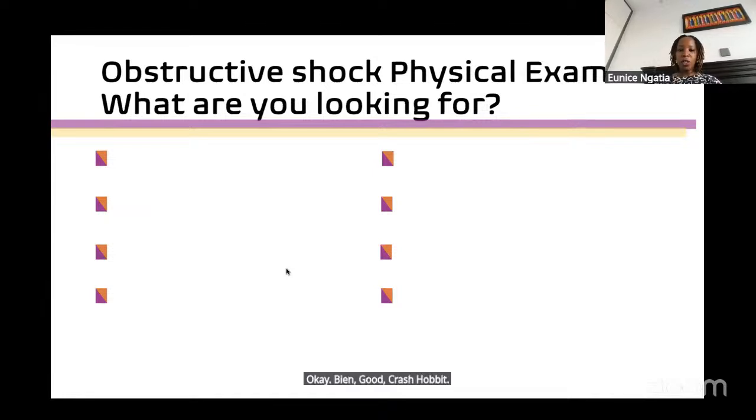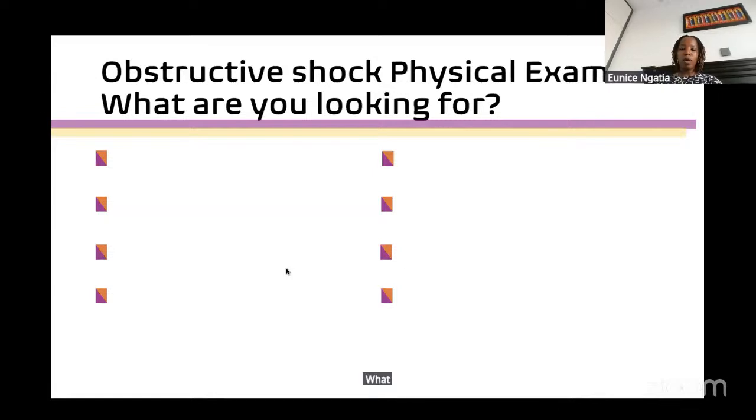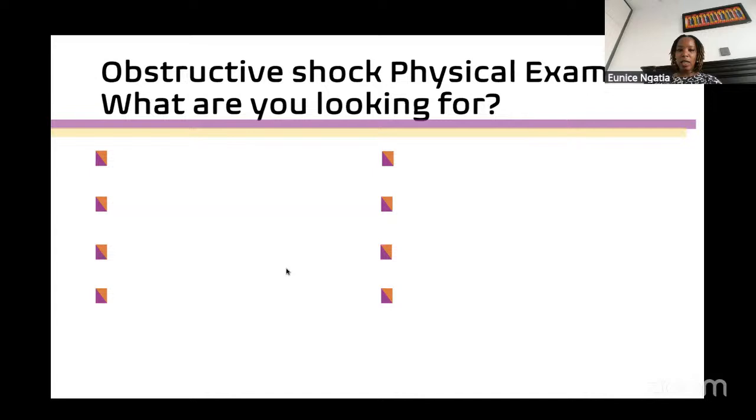So for this patient in particular, since we are also thinking about obstructive shock in our physical exam, what will we be looking out for in this patient given the history that came in? Just type in the chat box what we expect to find.